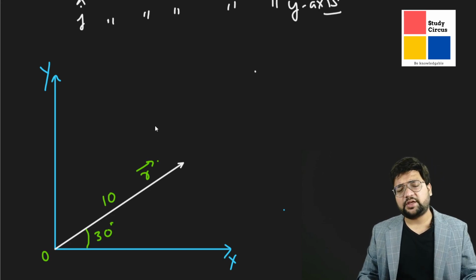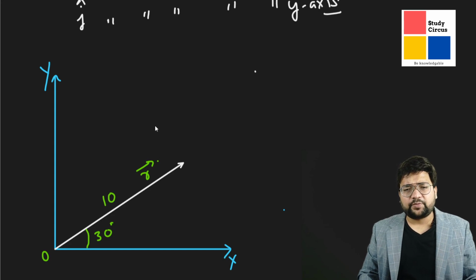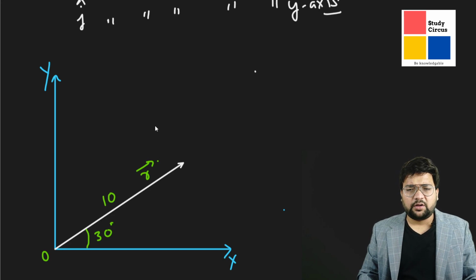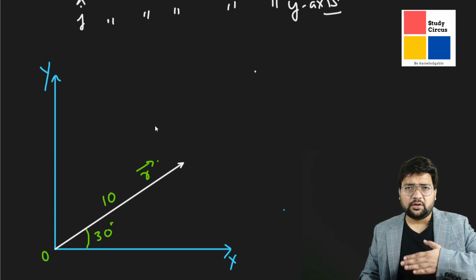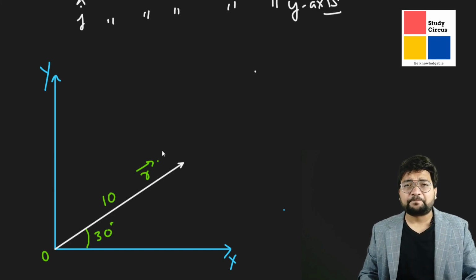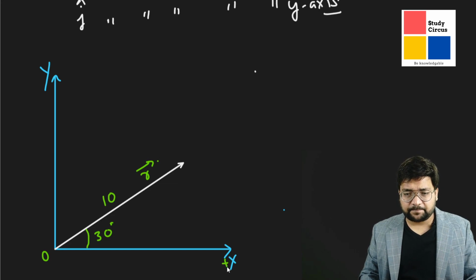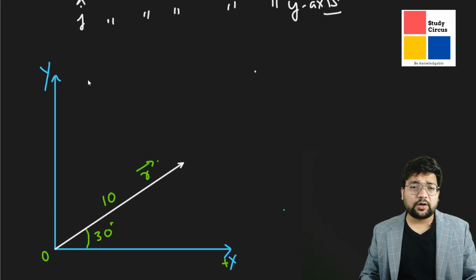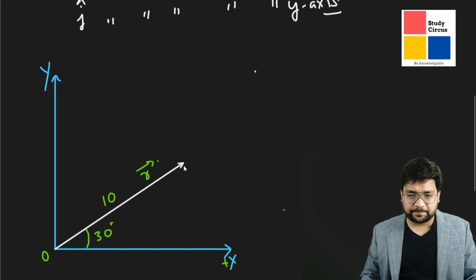One way is to say that, okay, vector r is of magnitude 10 and has a direction 30 degrees counterclockwise from the positive x-axis. That is one way of saying it. Or, like we did in the previous example, I can find out the x and y components of the vector.